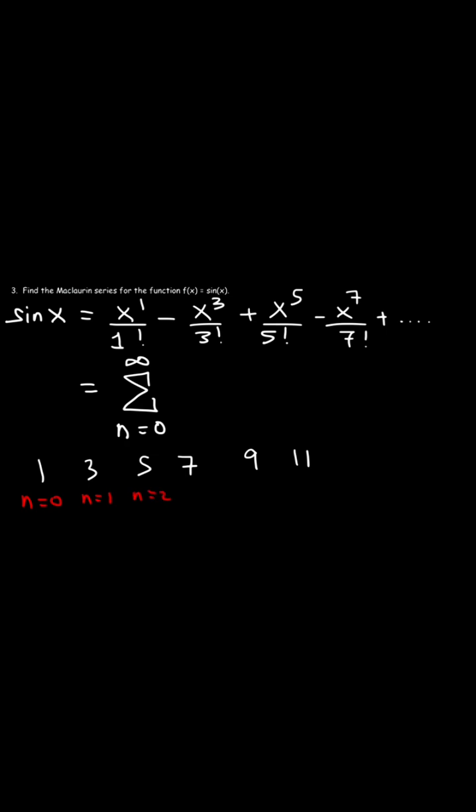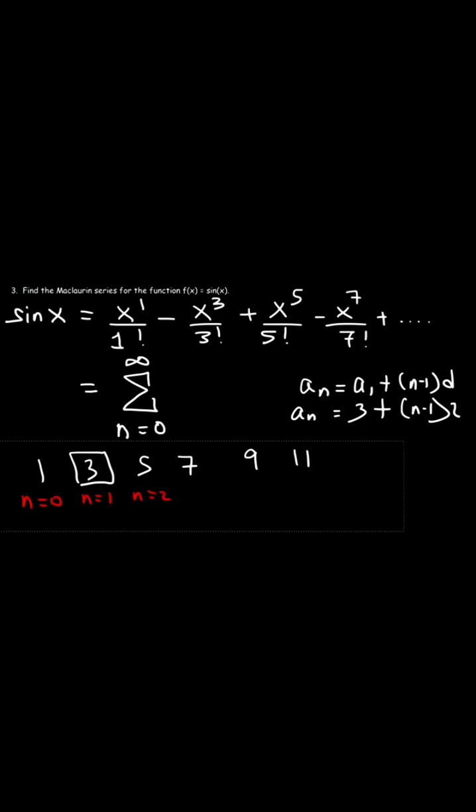Now what we have is an arithmetic sequence. And to write the general formula for an arithmetic sequence, we can use this equation. So our a sub 1 term, that's when n is 1, that's going to be 3. And the common difference, we could see that is 2. All of the numbers are increasing by 2.